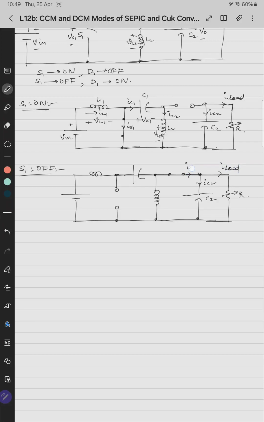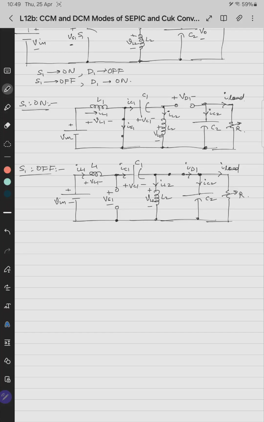Here is Iload, VD1 and ID1. Whatever is zero I'm not mentioning here. So here ID1, L2, IL2, VL2, C1, VC1, IC1. Here IS1 is zero. Here we have VS1, this is L1, this is IL1, VL1 plus minus, and this is Vin.